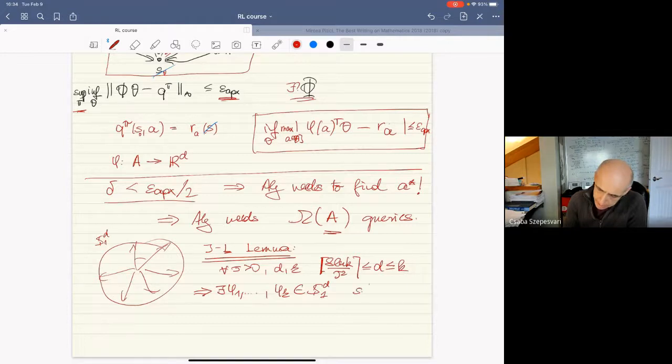And not only that, well, that would be easy. It also holds that for every pair of these vectors, the angle between them is below tau.